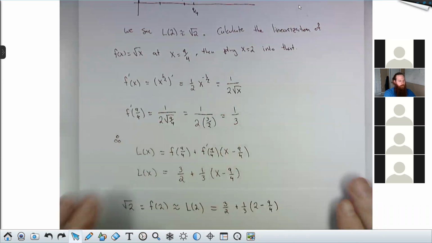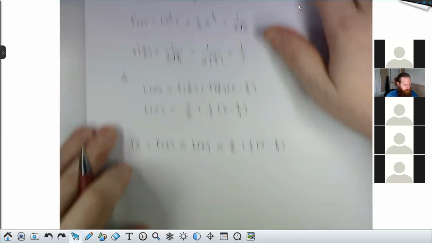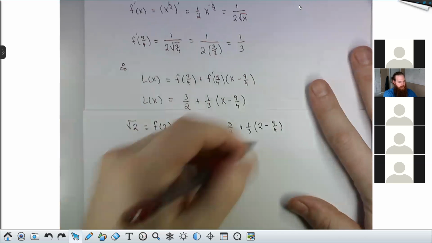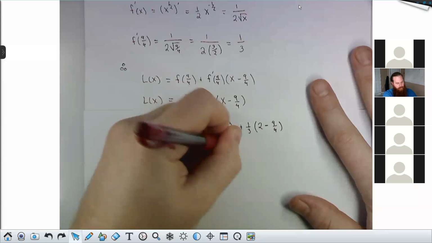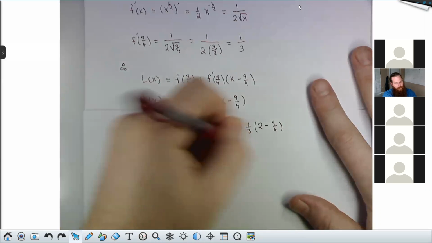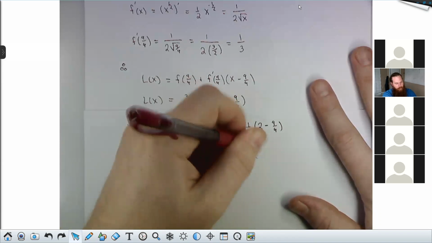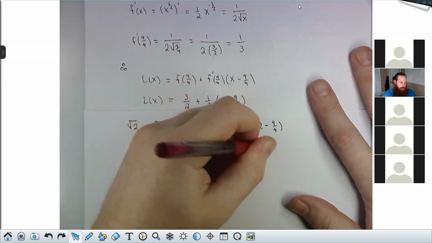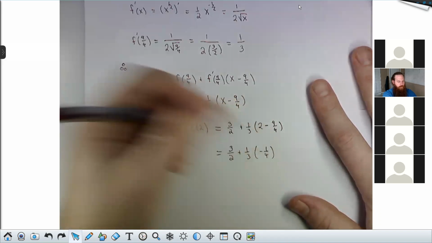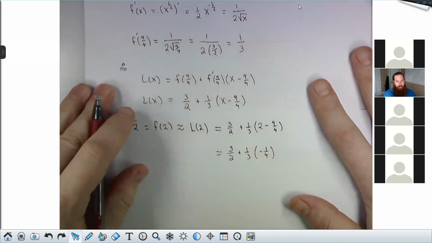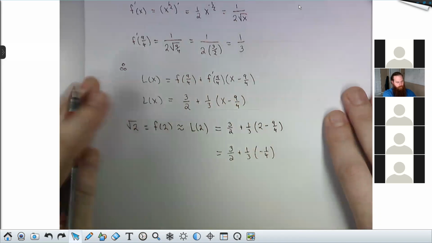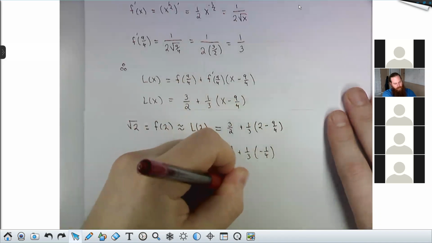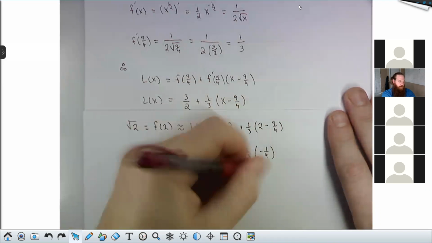I can clean this up. Two is 8/4, so this is 3/2 plus 1/3 times 8/4 minus 9/4, which is negative 1/4. So that's 3/2 minus 1/12.